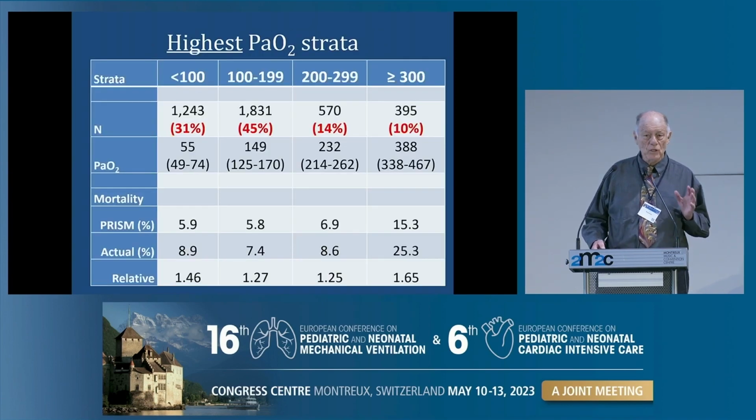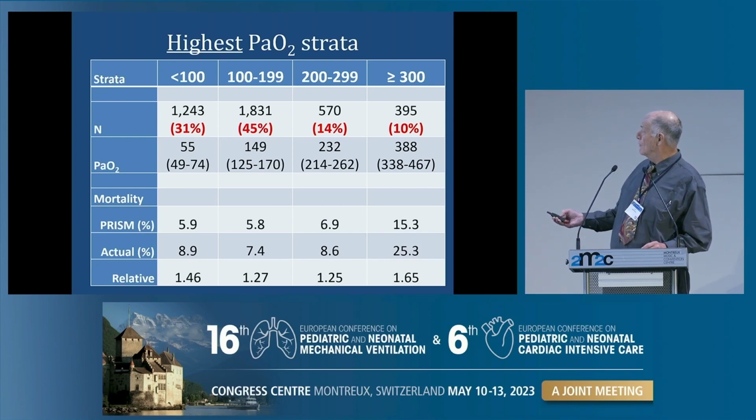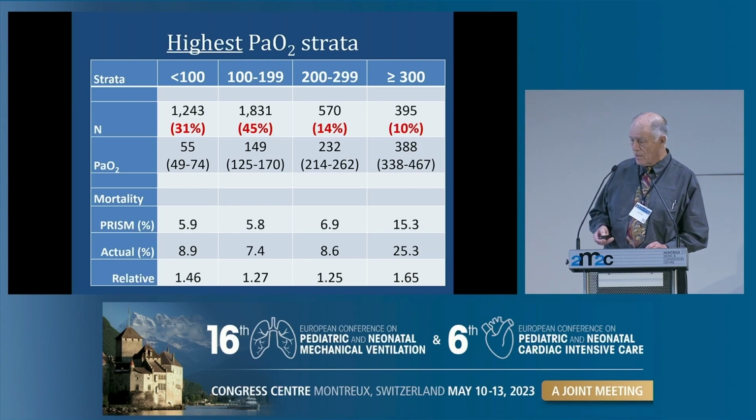When we split it into quartiles, you can see that there's a few patients, about 14% in this category, and about 10%, as on the previous slide, in the high category, and most of the patients are on these highest PaO2s, less than 200. Rather than go through this, I have a chart that'll show it better.